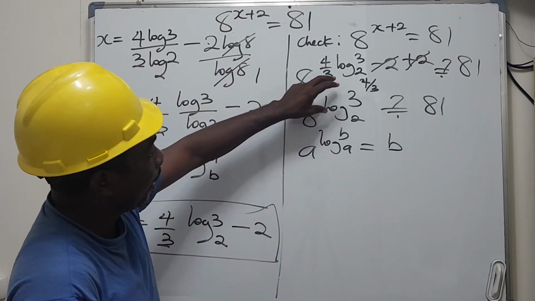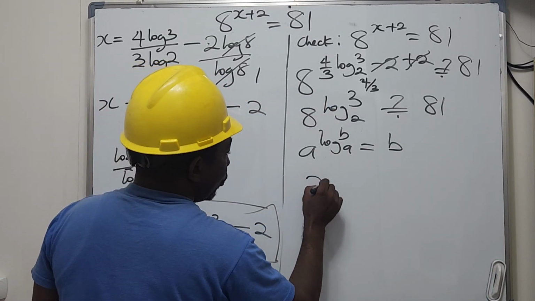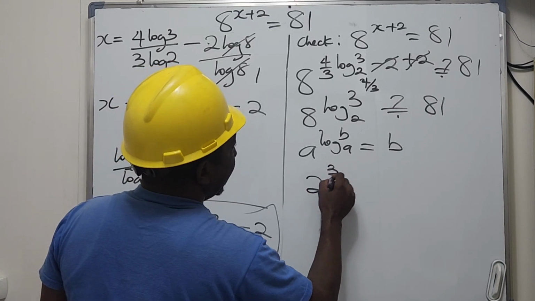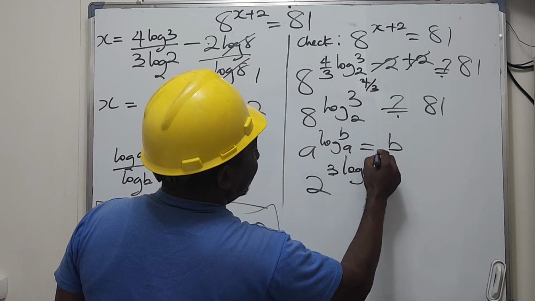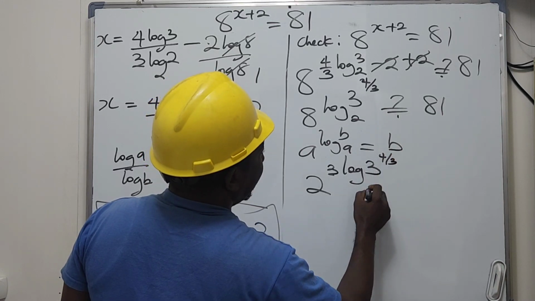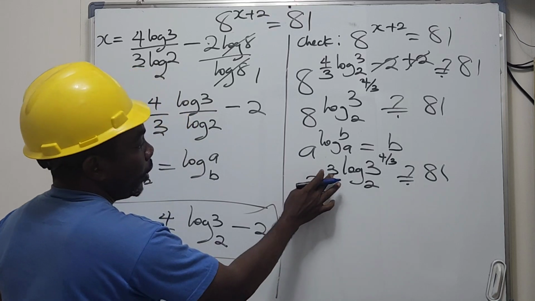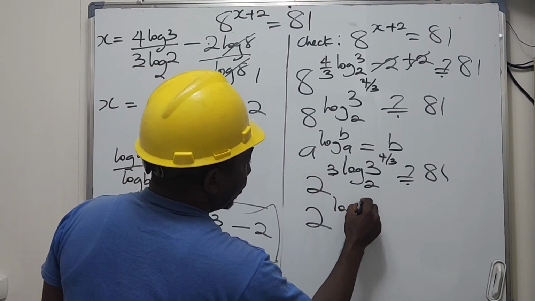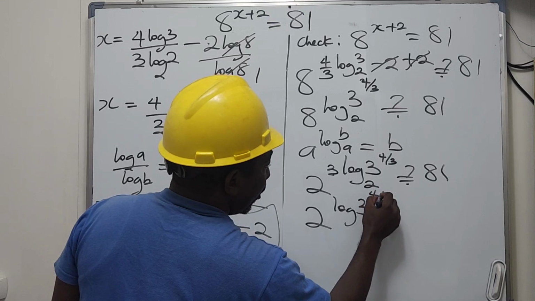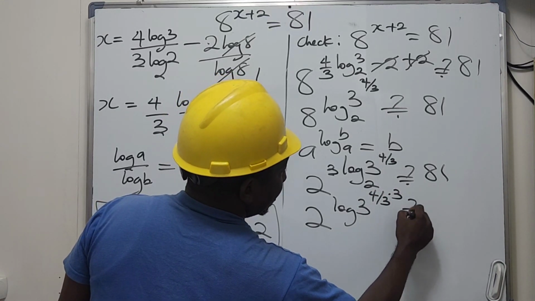So expressing the left hand side as this, this will give us 2 to the power of 3. Then we have log 3 to the power of 4 upon 3 base 2. Well, this gives us 81. So here can be written as 2 to the power of log 3 to the power of 4 upon 3 times 3. Well, this gives us 81.